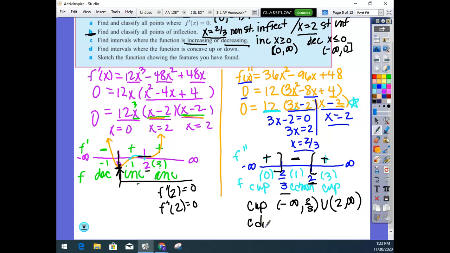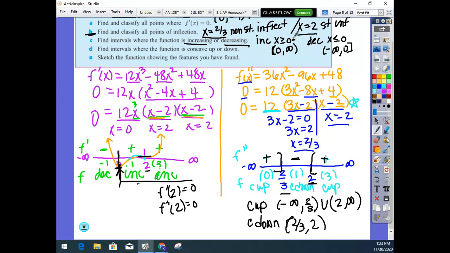Concave down goes from 2/3 to 2. So I guess I like this notation better. I don't mind this so much if it's just less than 0 or greater than 0 for something, but if we're going from a certain spot or unioning, I like the interval notation like this.